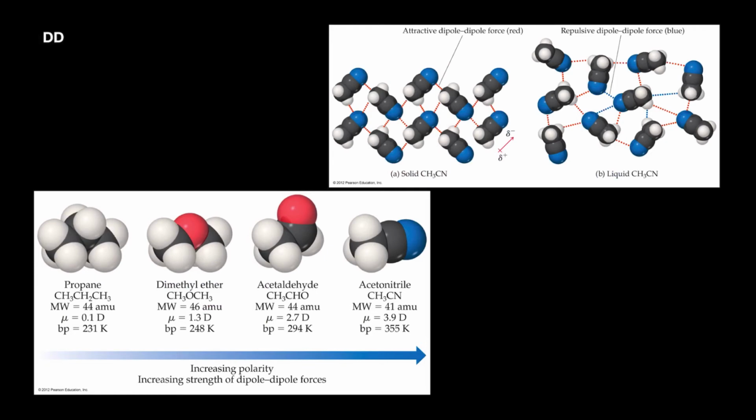Dipole forces. Obviously this is a permanent dipole, so it is a molecule that has a permanent polarity. Flashing back to the last unit, in order to be permanently polar, it has to, one, have polar bonds, and two, the atoms are asymmetrically distributed about the central atom, and/or the polarity of the bonds are asymmetrically distributed about the central atom.